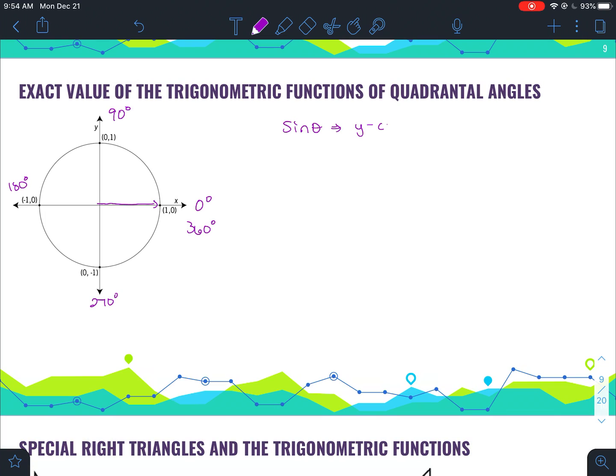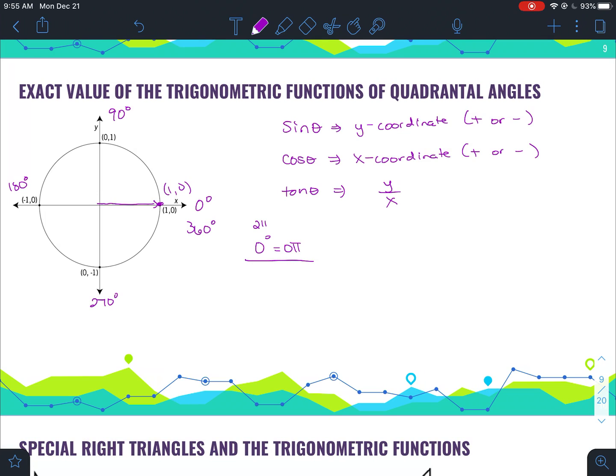But remember, the sine of our angle depends on the y-coordinate, which gives you the sine of your angle or tells you whether it's positive or negative. The cosine of an angle is determined by the x-coordinate. And the tangent of your angle is determined by the y-coordinate over the x-coordinate.